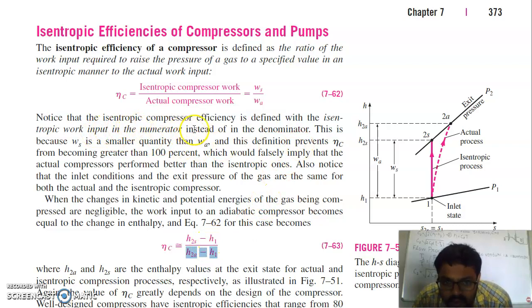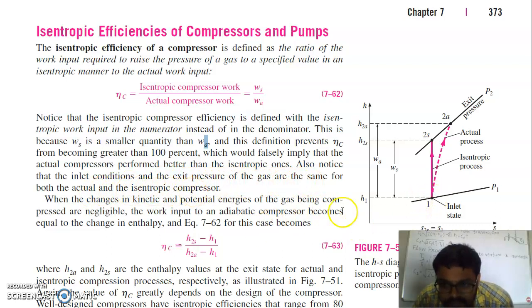Notice that the isentropic compression efficiency is defined with the isentropic work input in the numerator instead of the denominator. This is because Ws is a smaller quantity as compared to Wa, meaning isentropic work is smaller as compared to actual work, and this definition prevents efficiency of compressor from becoming greater than 100%, which would falsely imply that the actual compressor performed better than isentropic ones. Also notice that the inlet condition and exit pressure of the gas are the same for both the actual and isentropic process.